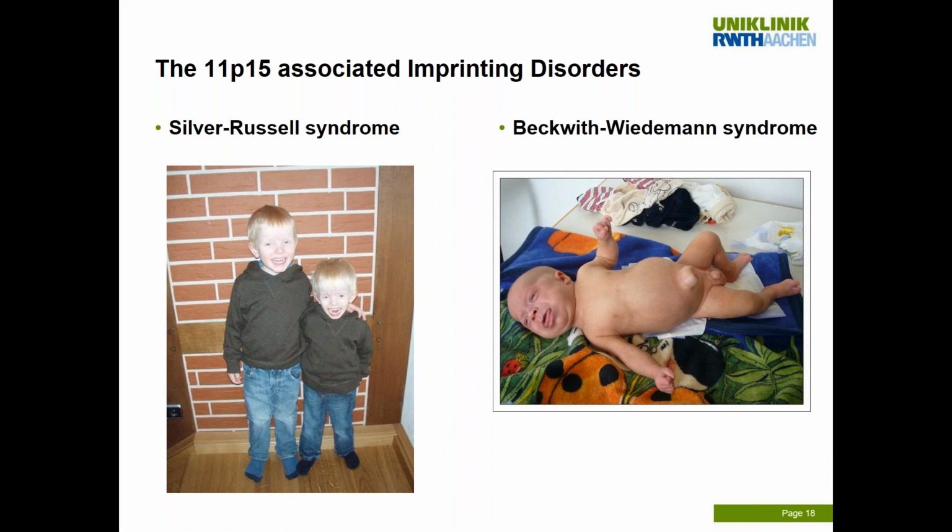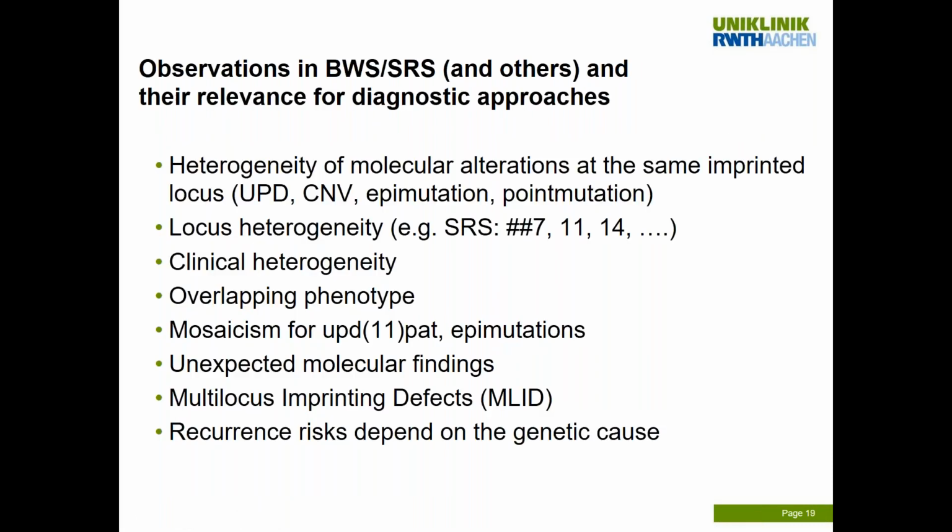So an example is shown here for imprinting disorders. These are Silver-Russell syndrome and Beckwith-Wiedemann syndrome, the two syndromes associated with 11p alterations. I've chosen to show you Beckwith-Wiedemann and Silver-Russell syndrome because they are good examples to illustrate the complexity of the molecular findings, and this has consequences for genetic testing.